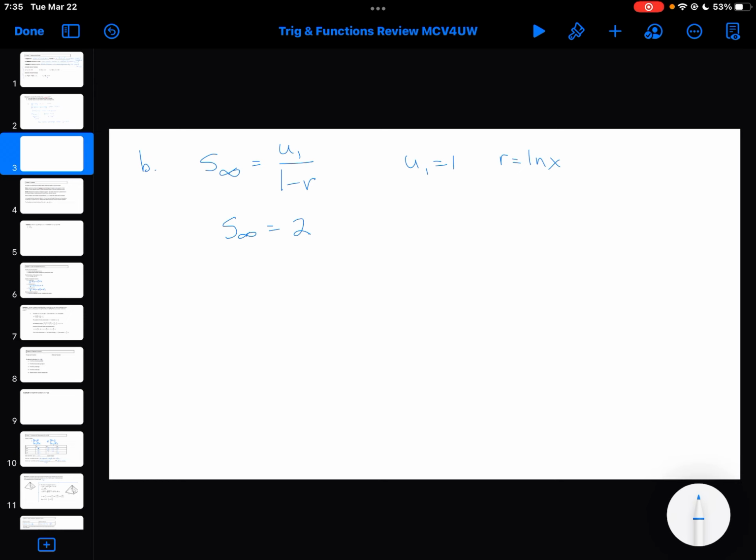So let's substitute in what we know. Our first term, our u1, is 1. Our r value is ln x. This has to equal 2. I'm going to rearrange this by saying that 1 minus ln x is equal to 1 over 2.